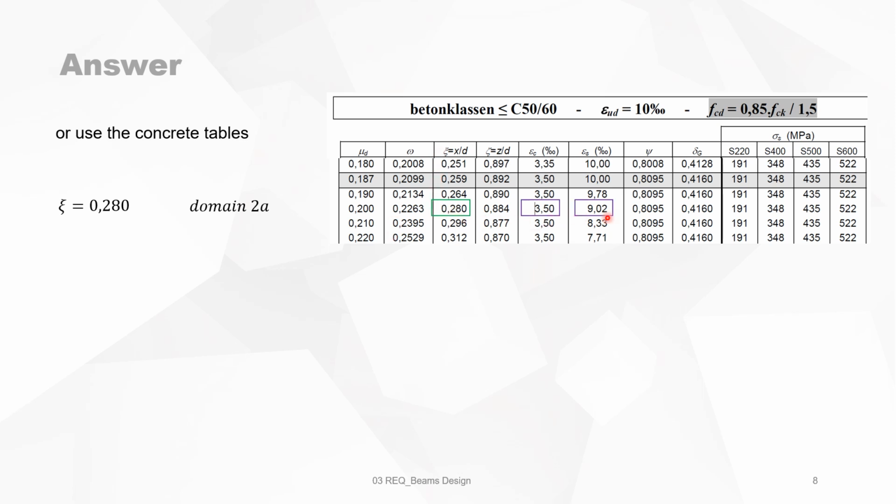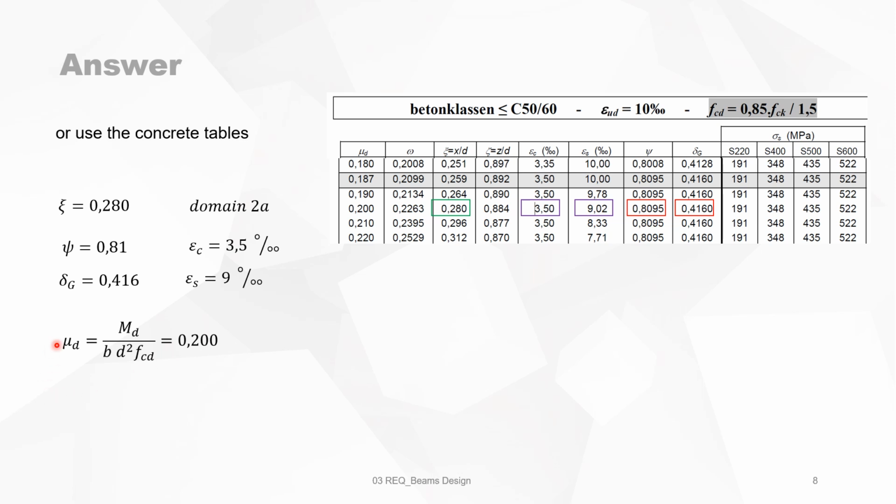So we see immediately from the table that the strain in the concrete is 3.5, and in the steel it's 9 per mil. And from this table, you see also that C and delta G are, of course, in zone 2A, 0.81 and 0.416. We can now directly see what is mu D, which is 0.2.